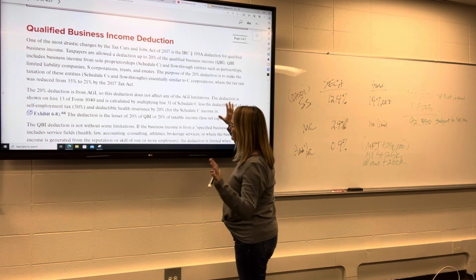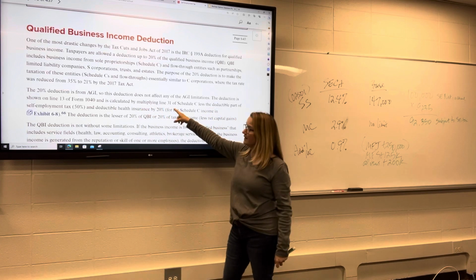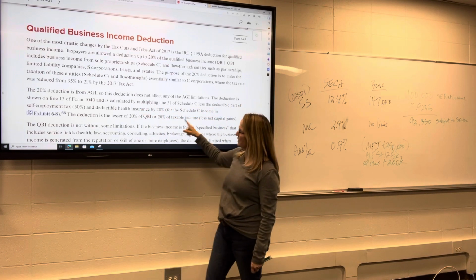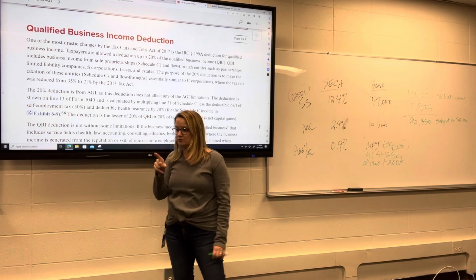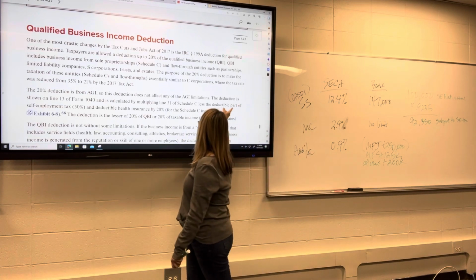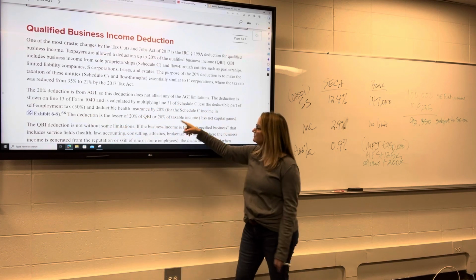It's calculated essentially by multiplying whatever is on line 31 of the Schedule C by 20%. However, there is an adjustment to it, and I think this is where a lot of students get mixed up. The deductible part of self-employment tax and deductible health insurance.